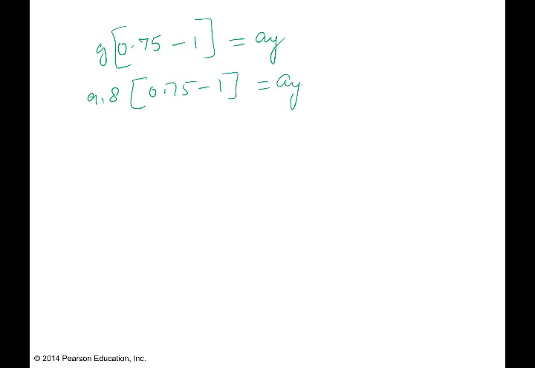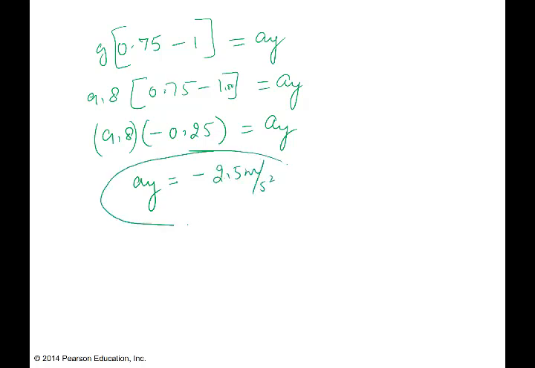So when we have 0.75 within the bracket, and you can take g out, minus 1 is equivalent to ay. g is 9.8. 0.75 minus 1 will come out as a negative number, which will be minus 0.25. So 9.8 times minus 0.25 is equivalent to ay, and this will give you a negative acceleration of about minus 2.5 meters per second squared.